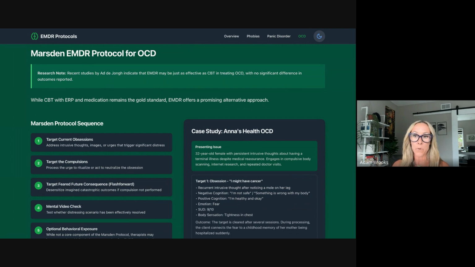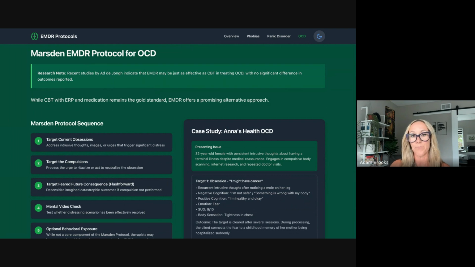Like I said before, using EMDR to desensitize and reprocess the OCD structure first before doing exposure is so much more effective in my eyes, because the client is less scared of doing the exposure exercises up front.